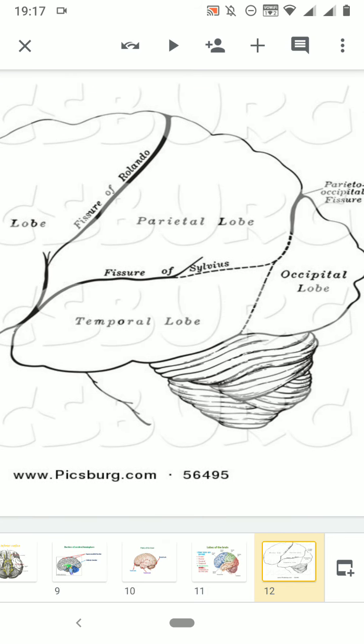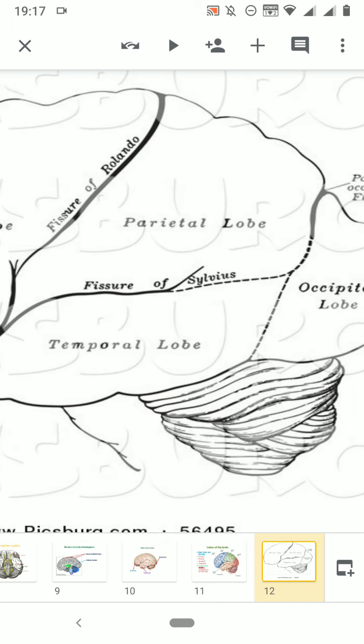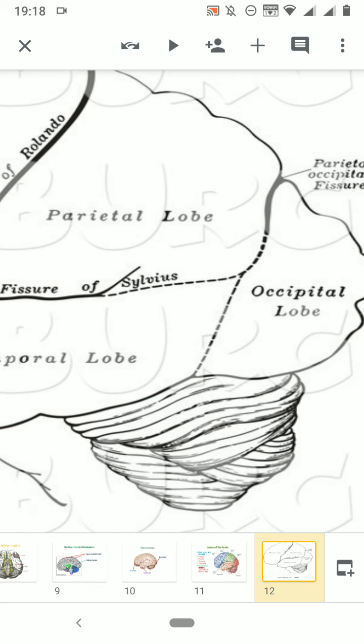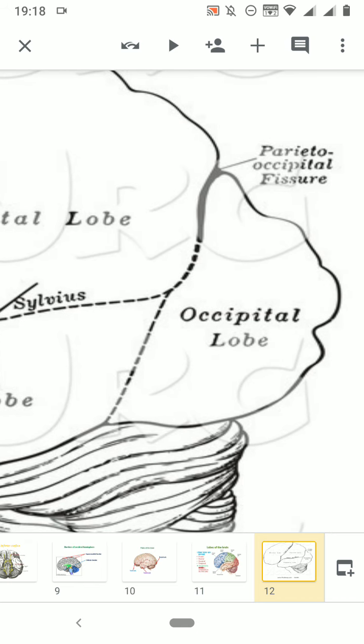And you can see over here the fissure of Sylvius that has 3 parts. It has an anterior ascending ramus, anterior horizontal ramus, and the posterior ramus, which is actually cutting across the superior lateral surface of the cerebrum horizontally. There is also a dotted line after the fissure of Sylvius, where it starts to turn upwards. From the point it starts to turn upwards, we have drawn a dotted line, and this line meets another imaginary line which is drawn from the end point of the parieto-occipital fissure to the pre-occipital notch.